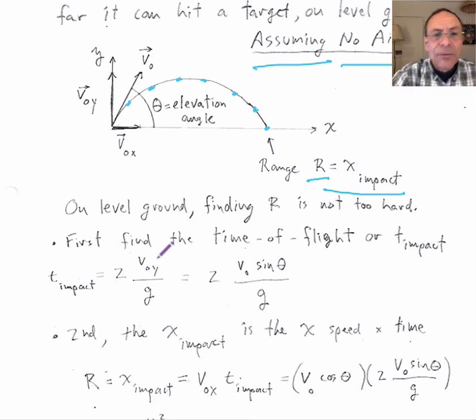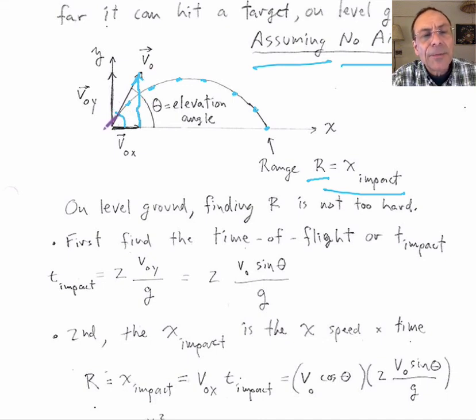The v0y, okay, is given by v0 times the sine of theta. So once again, if I move v0y over here, I'm taking this vector here, I'm moving it to here, and then this is my angle. This is the hypotenuse. This is the opposite side of the right triangle that's being formed.